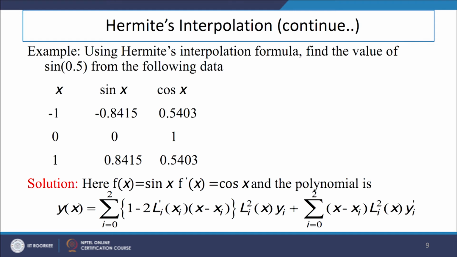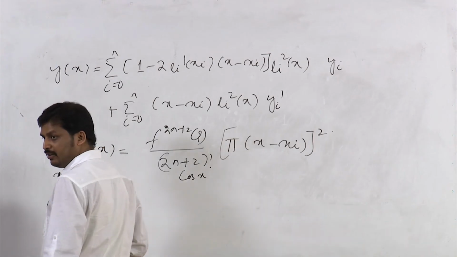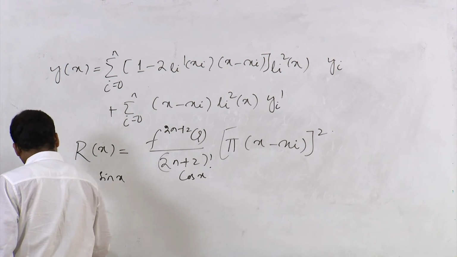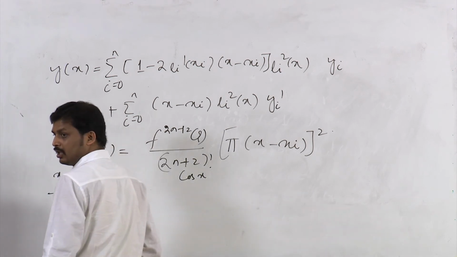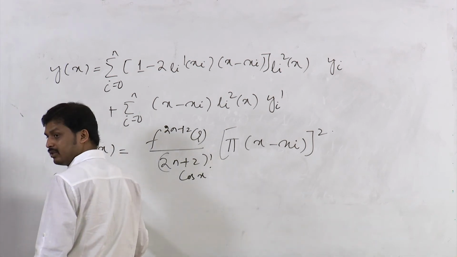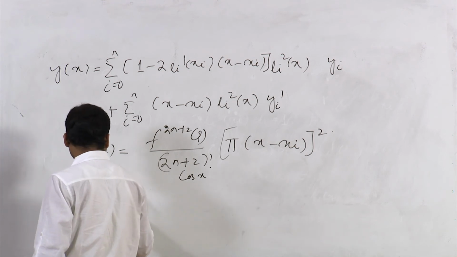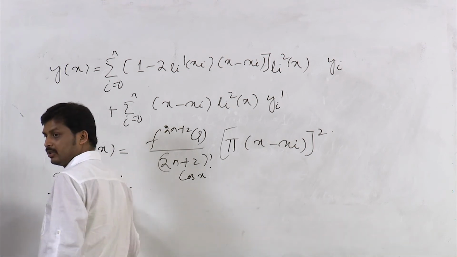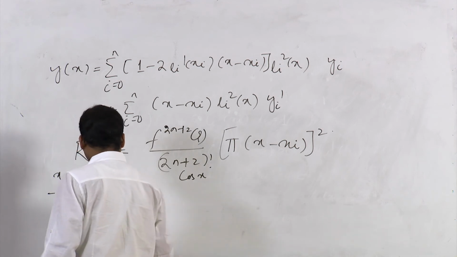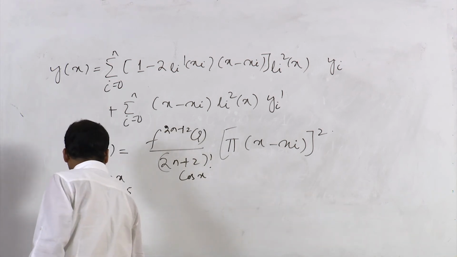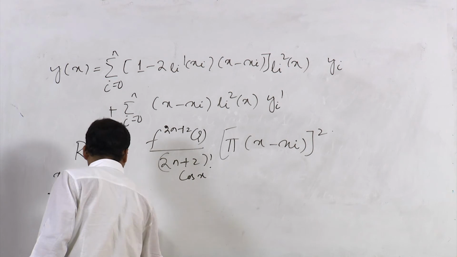Suppose these tabular values are given as x, sin x, cos x, and the values are like minus 1, 0, 1 and minus 0.8415, 0, and 0.8415 here.